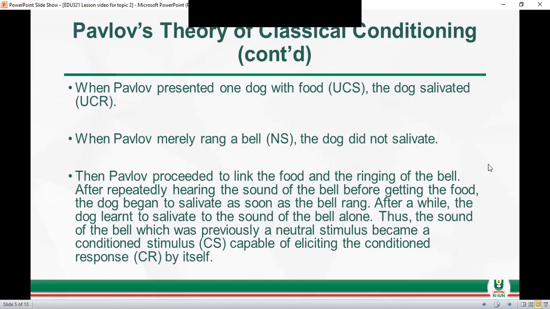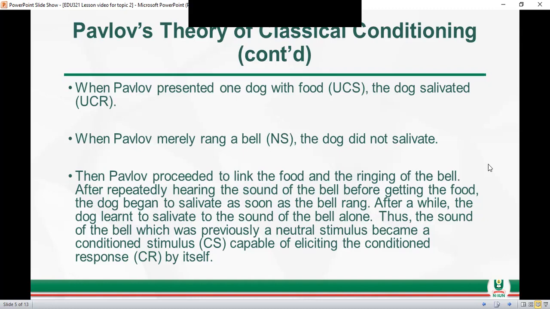Secondly, Pavlov decided to ring a bell, and the dog did not salivate. That ringing of the bell, we refer to as neutral stimulus, because it did not trigger a response.